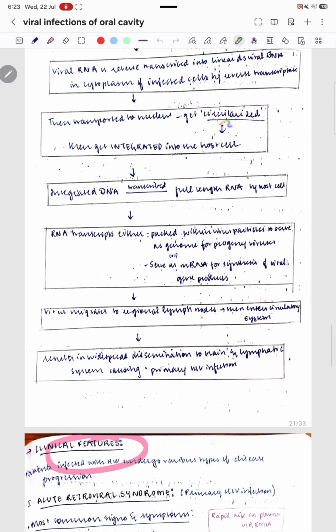Then after it gets circularized, it gets integrated into the host cell's DNA, and the DNA is then transcribed into RNA by the host cell.